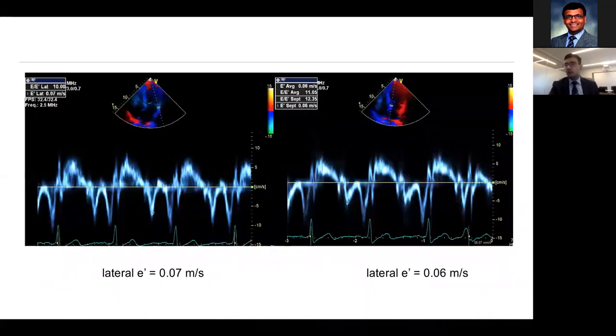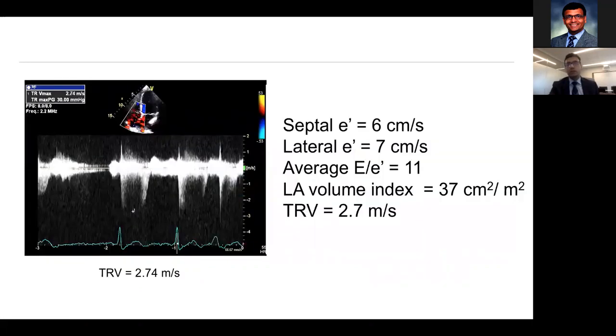Lateral E prime is 7 centimeters per second, and the septal is 6 centimeters per second. That's a typo there. It's 6 centimeters per second. You can see here the TR velocity is 2.7.